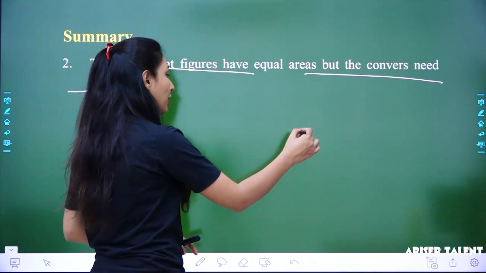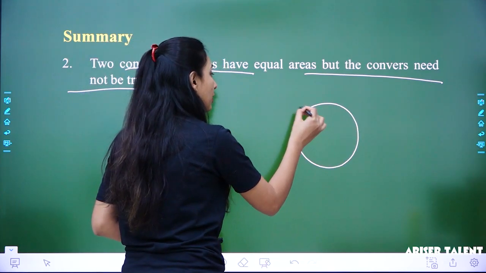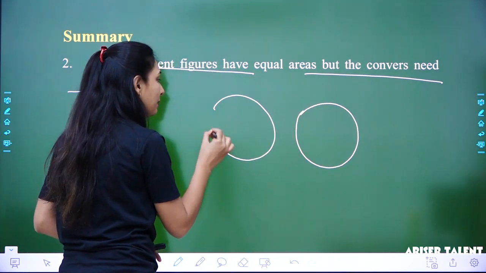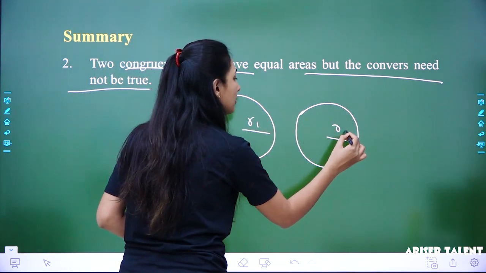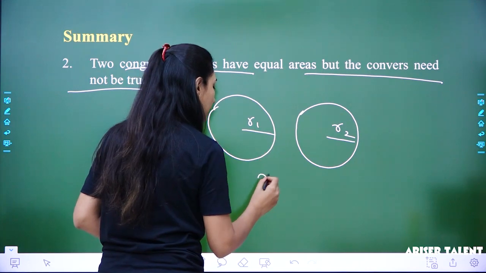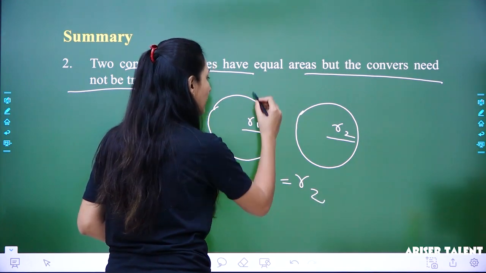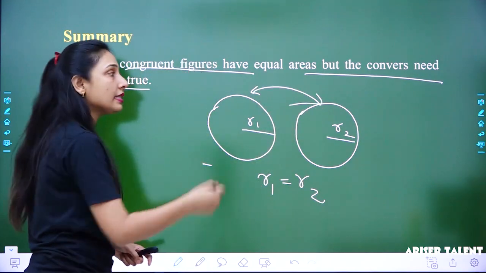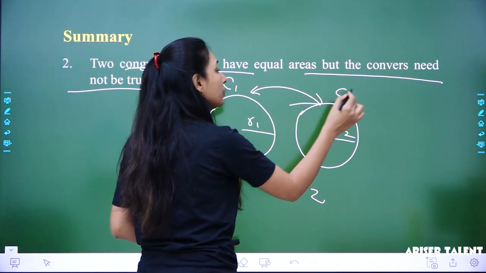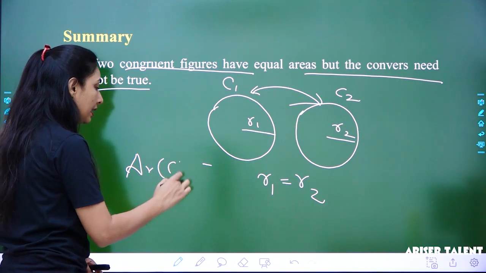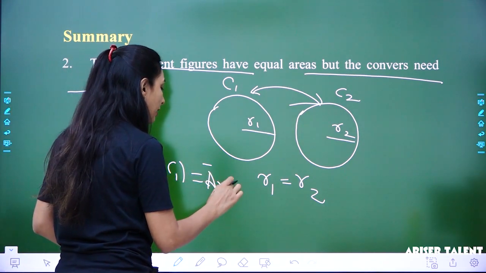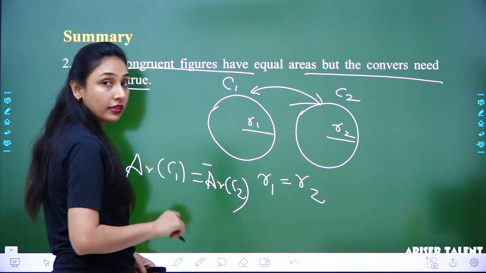That means if you have two circles with the same radius, R1 equals R2, then these two circles C1 and C2 are congruent to each other. So the area of C1 and the area of C2 are equal because they are congruent.